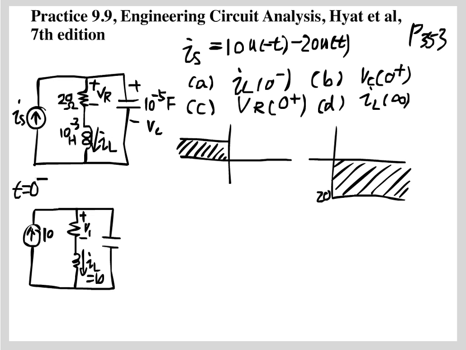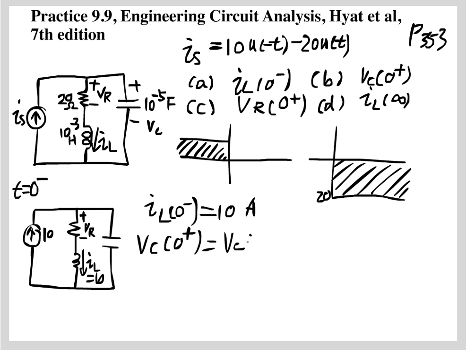So from here, you know that the current running through IL has to be equal to 10. And you know the voltage that develops across VR has to be equal to IL times the resistance. Okay, and you know what the VC is. So IL at 0 minus has to be equal to 10 amp.